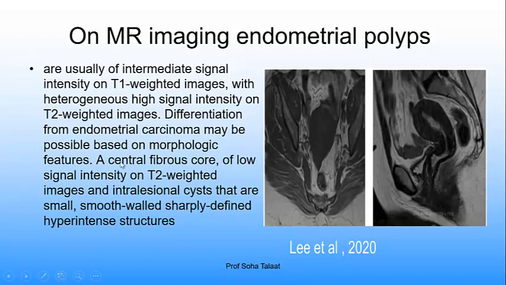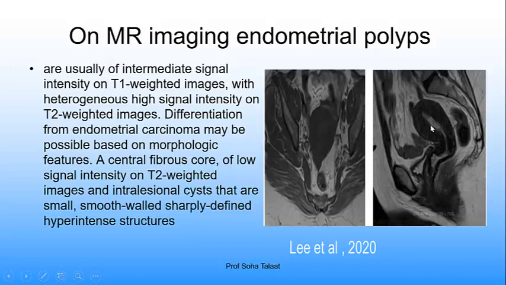What is the appearance of endometrial polyps on MRI? On MRI, the endometrial polyps are usually of intermediate signal intensity on T1 with heterogeneous high signal on T2, and sometimes we could see cystic changes.